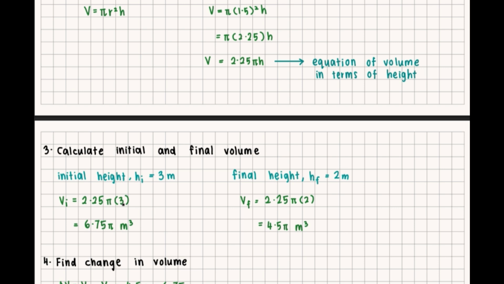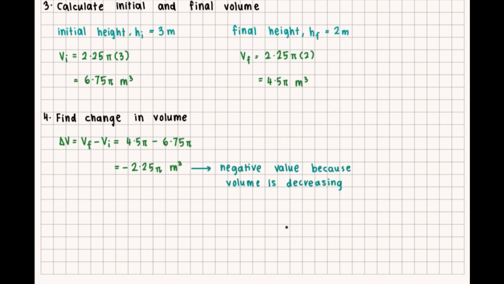So you need to enter it into the equation that we have concluded just now, which is V equal to 2.25 pi H. Just enter it into H, and tada, we have V initial equal to 6.75 pi meter cube. And V final goes the same with H final. We just need to substitute it into the volume equation, and here is the value: Vf equal to 4.5 pi meter cube.